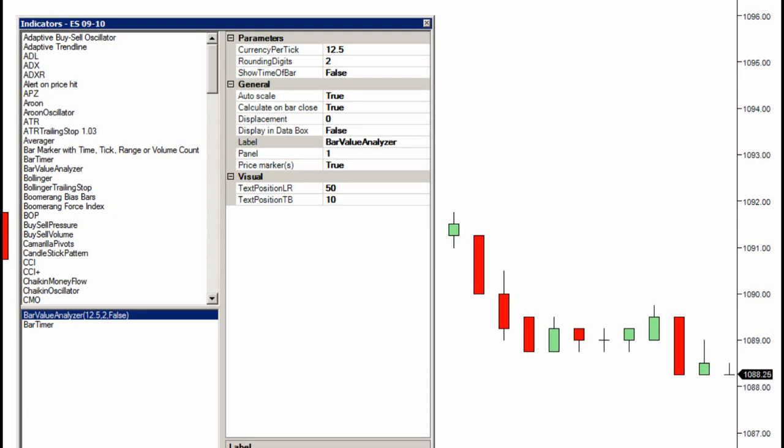So are you willing to risk a $37 bar or a $50 bar? And so instead of having to sit there and analyze, okay, well, where's the high, where's the low of this bar, and what's the cost associated with that, it does all that for you.